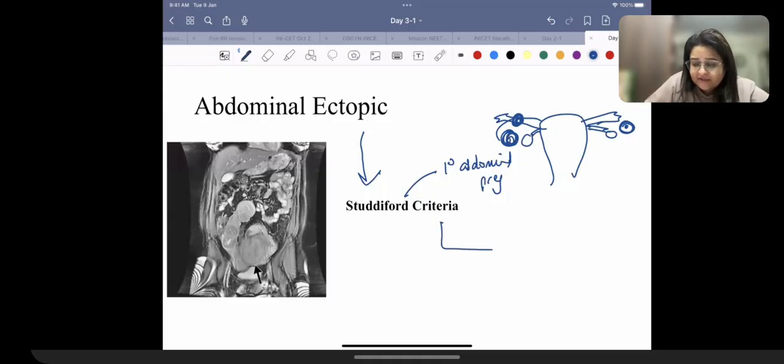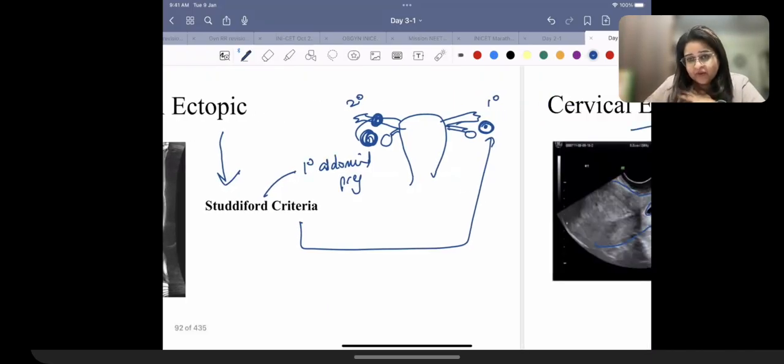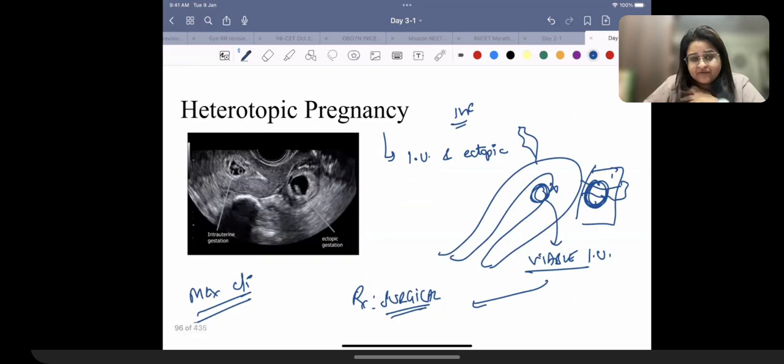Study Ford criteria is for the primary abdominal. This is a secondary abdominal. It doesn't really make a difference where it came from or how, but Study Ford described the criteria for a primary abdominal pregnancy. So these are the different types of ectopic pregnancy.